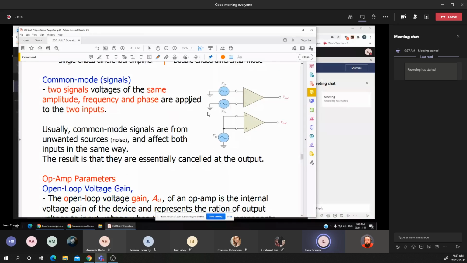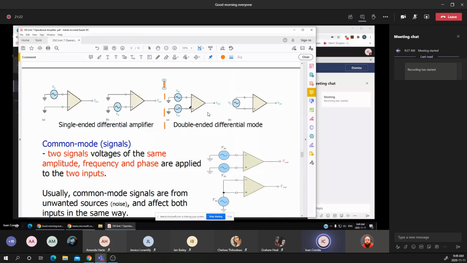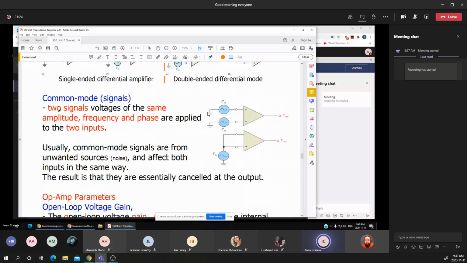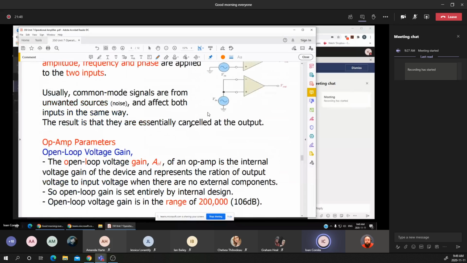Now, the common mode. That was differential, and now we are looking at the common mode. What does common mode mean? It means that I'm applying the same signal with the same polarity. And that's why I want to emphasize the common mode, because I'm moving into one important parameter of op amps, the CMRR.